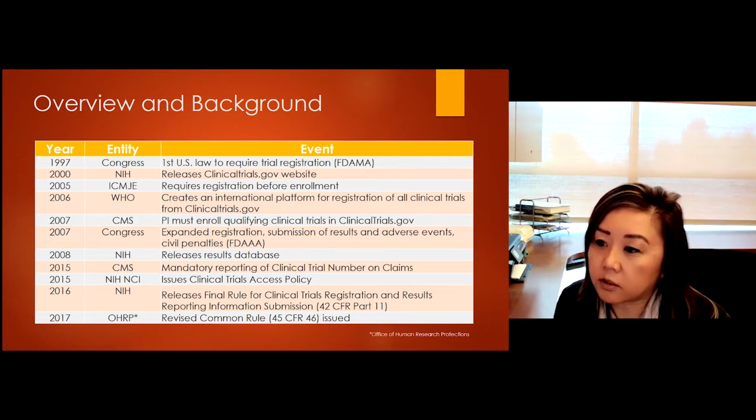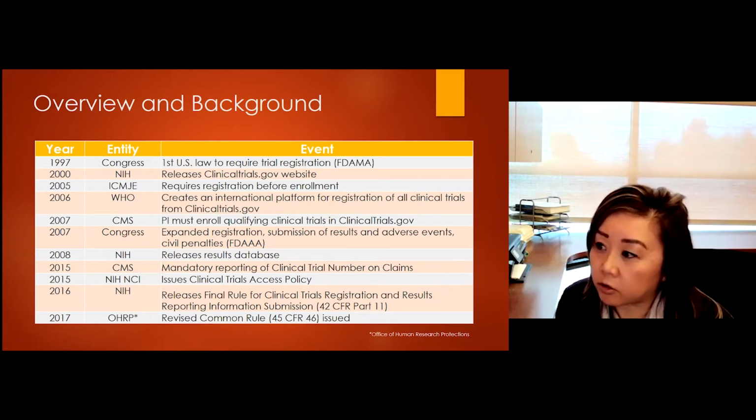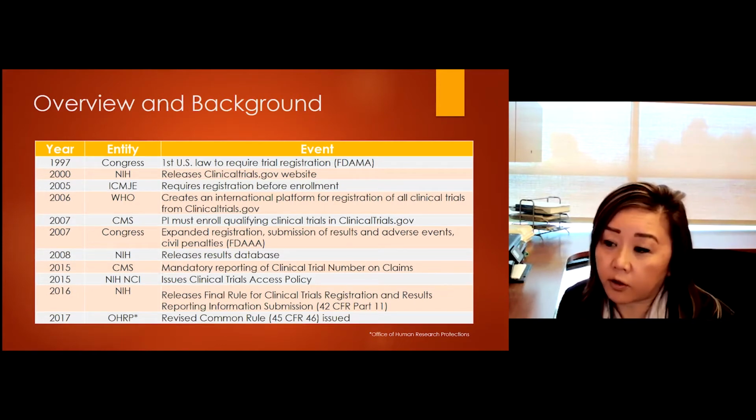And then in 2005, the ICMJE started requiring registration before enrollment. In 2006, the World Health Organization created their own international platform for registration of clinical trials from Clinicaltrials.gov.